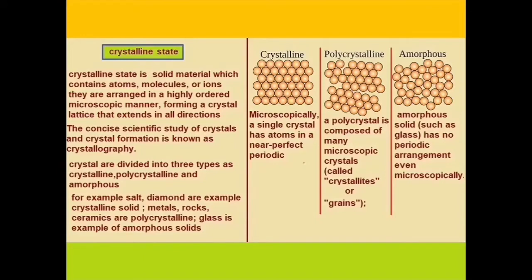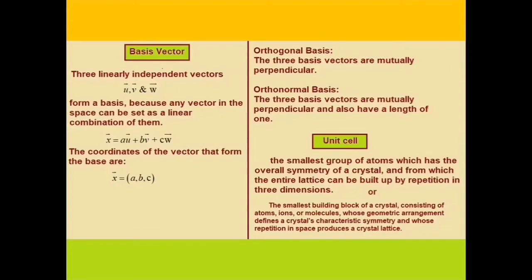So this is about that; now we have another topic, another article in the same chapter. Crystallography and the basis vector. Three linearly independent vectors, as you are observing in the diagram: vector u, vector v, and vector w, form a basis, because any vector in the space can be written as a linear combination of them.